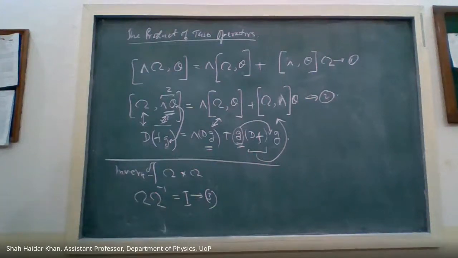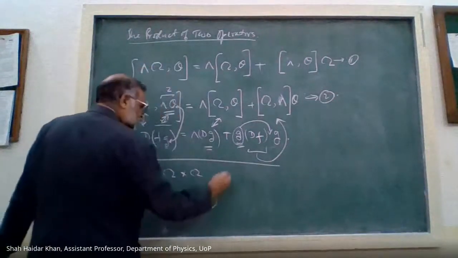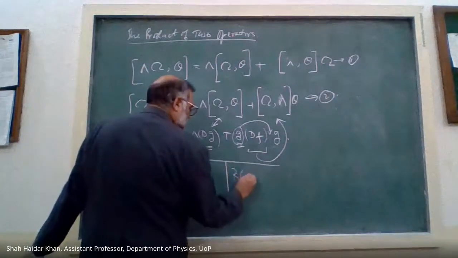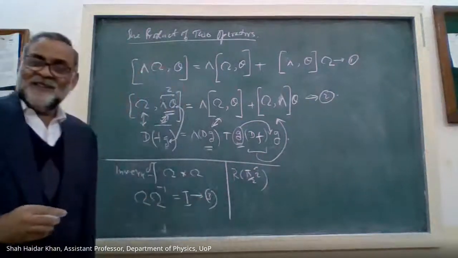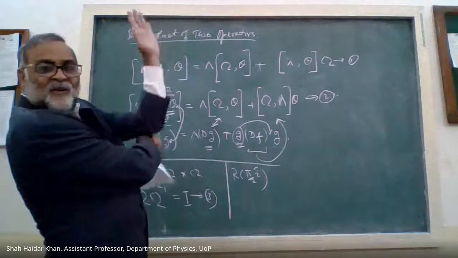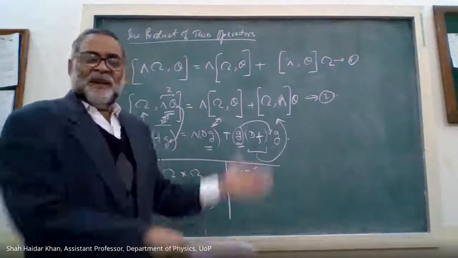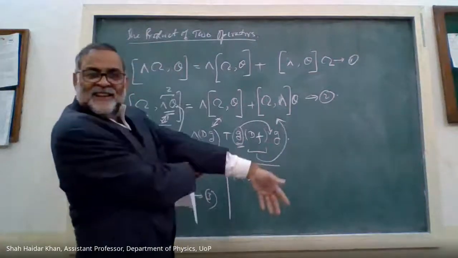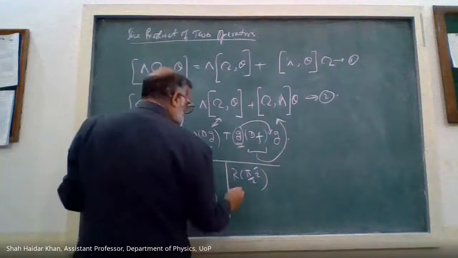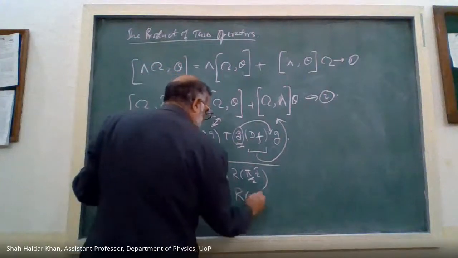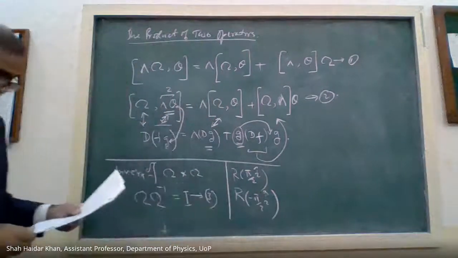If we have an operator R pi by 2 into I, that's an operator; we rotate it in the clockwise direction. Now its inverse will be to rotate in the anti-clockwise direction. So R minus pi by 2 into I will be its inverse, right?